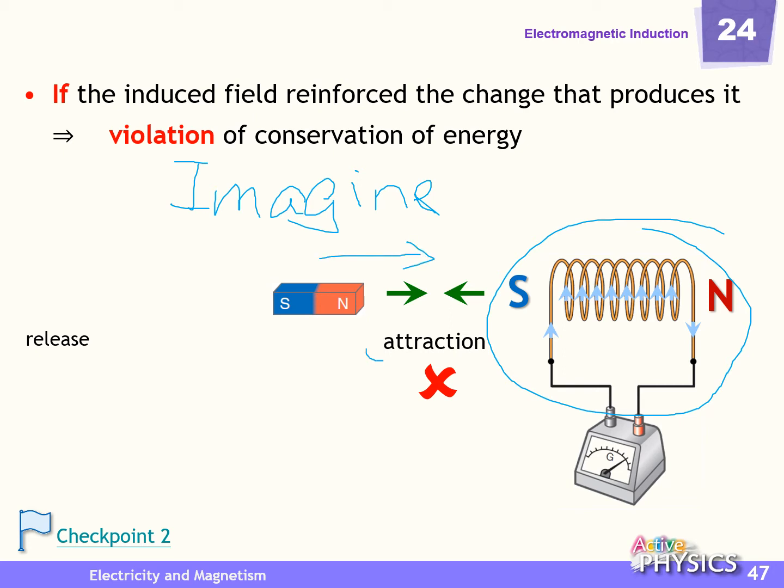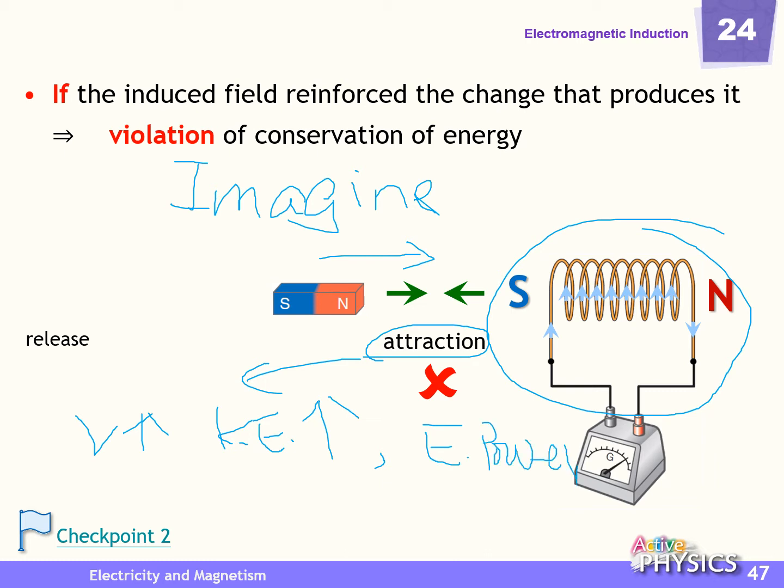If they are attracted to each other, then the velocity will increase and the kinetic energy will increase. So in this case, you create some energy because the kinetic energy increases, and there is also electrical power. It violates the law of conservation of energy because there is no energy loss, but the energy keeps increasing.